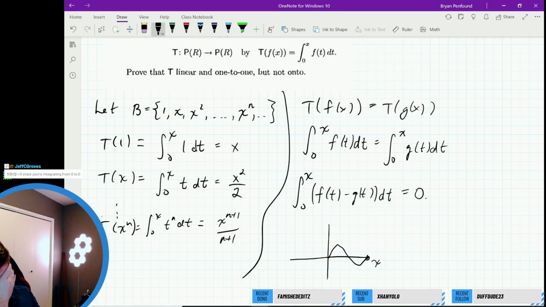I just don't know how to formalize that super nicely. Because they're polynomials, the end behavior is always going to tend towards positive or minus infinity. So as long as I continue to slide x around, I should be okay.